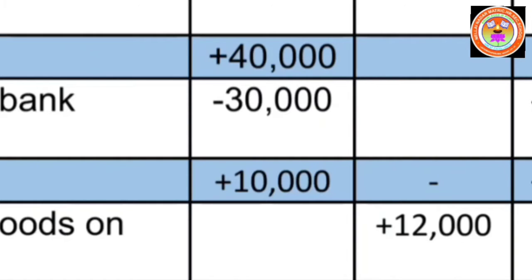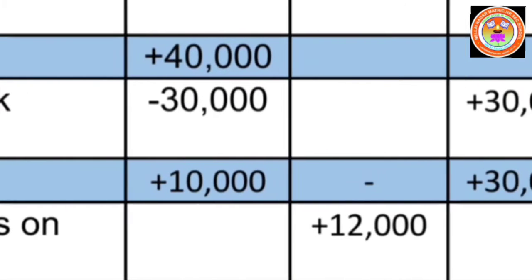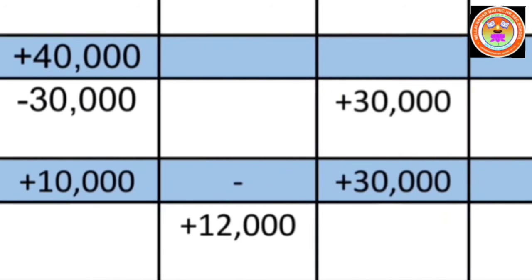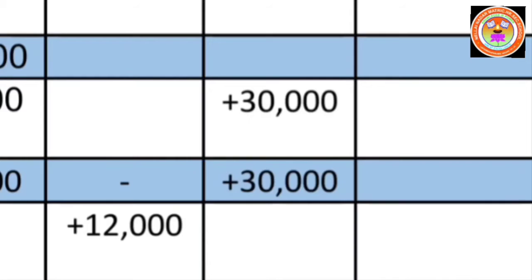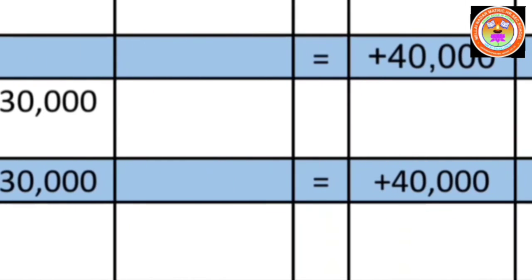Plus 40,000 minus 30,000 will give you plus 10,000. Okay, do you understand? Then under the stock column, no amounts are available, leave that one. Then bank column, you have only plus 30,000. The same 30,000 will come here. Write the same 30,000. Then write the equal sign.